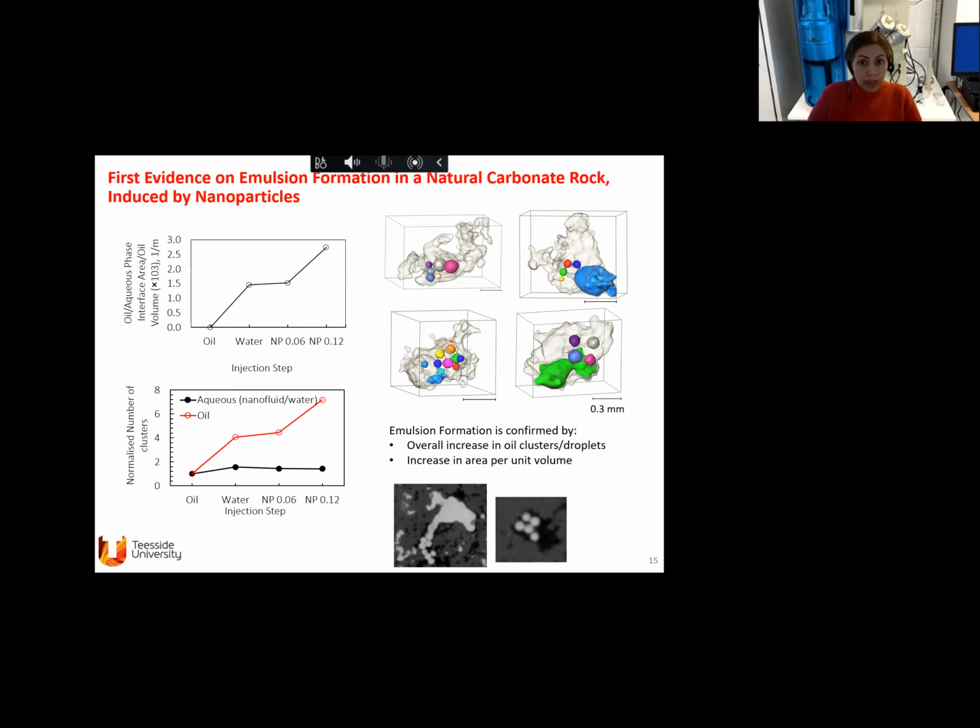Whereas if you have, for instance, a heavy oil situation where you are trying to produce the remaining heavy oil, and you are able to induce an emulsion phase, this might help you reduce the viscosity. So in that sense, you might be able to produce some more of that oil by inducing an oil in water emulsion. I don't know if that answers any of your questions or if it makes more sense.